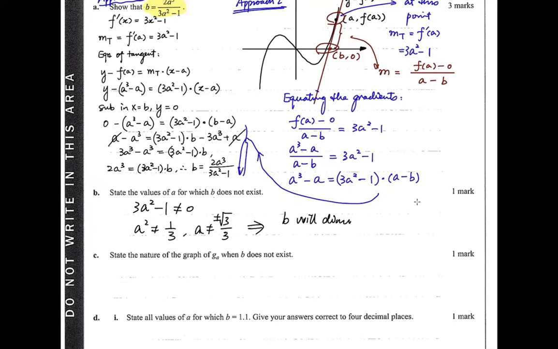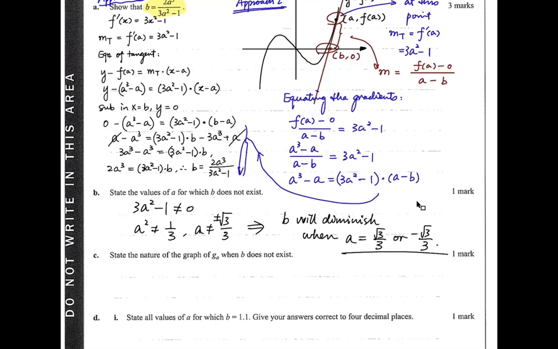How could I spell it correctly? Diminish when a is root 3 on 3 or minus root 3 on 3, if I'm not mistaken, okay?